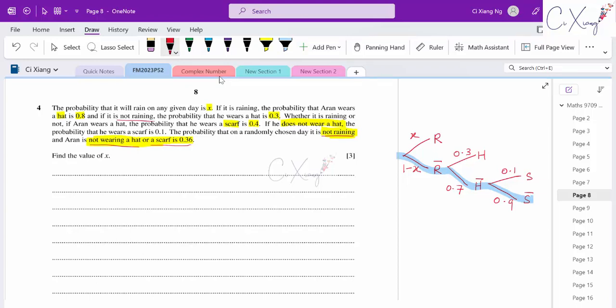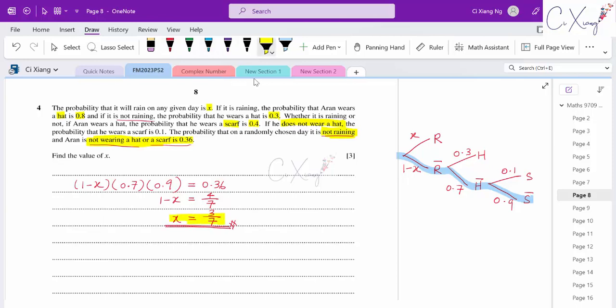So that means I have (1 minus x) multiplied by 0.7 multiplied by 0.9, which equals 0.36. If you simplify the value, you should get 1 minus x equals 4 over 7, and then you can get x, which equals 3 over 7. So this is how we get the answer for this question.